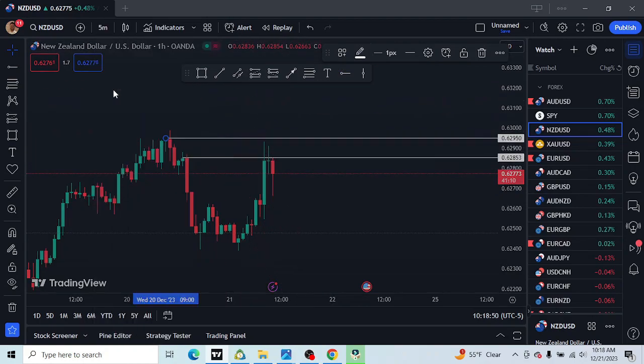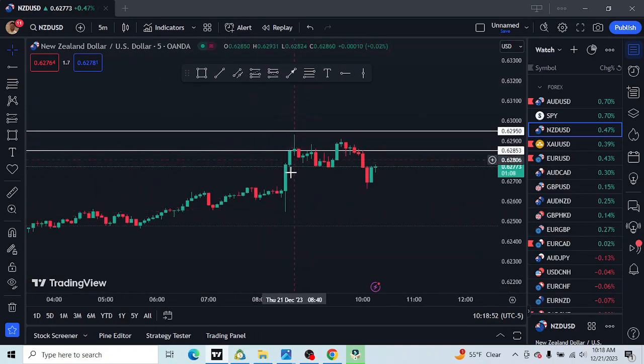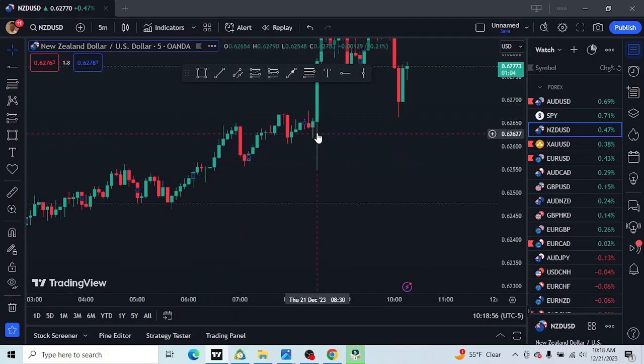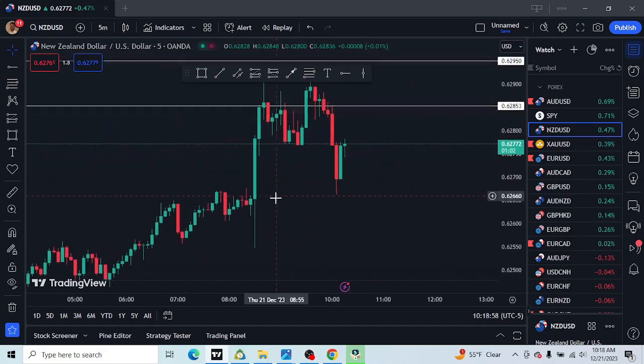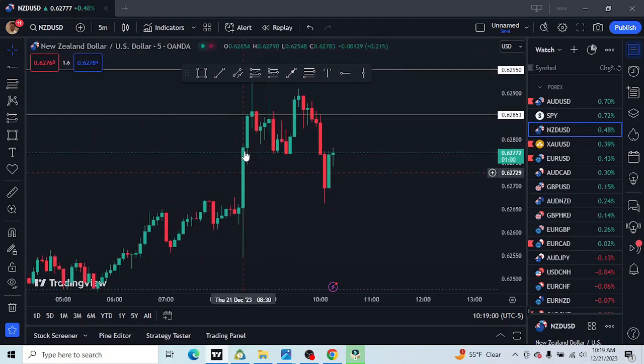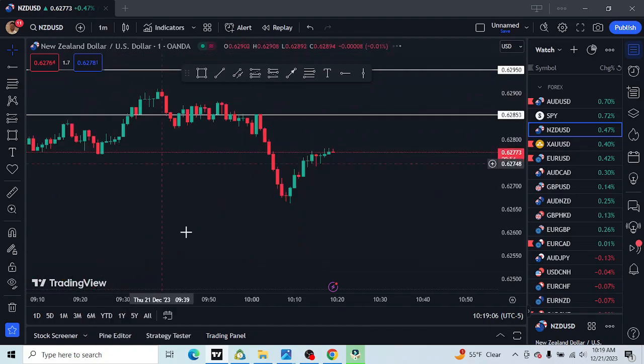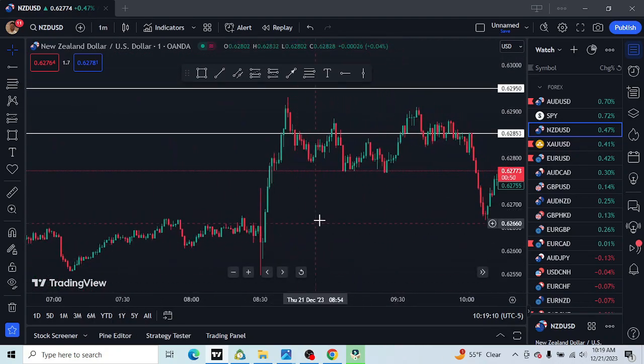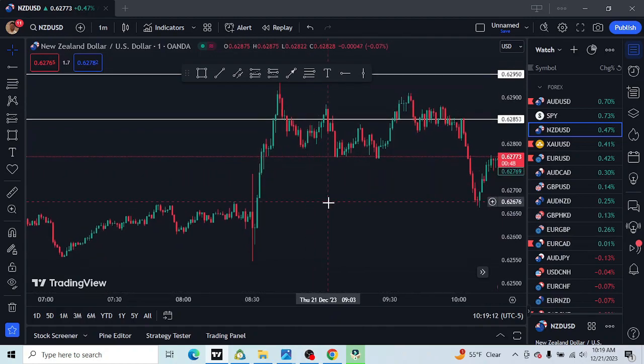So we go down to the 5 minute. We see a breakout, right? How can we possibly trade this on a 5 minute? There's nothing here, right? And by the time you get confluence, you're already reversing. But here we have an obvious attempt.